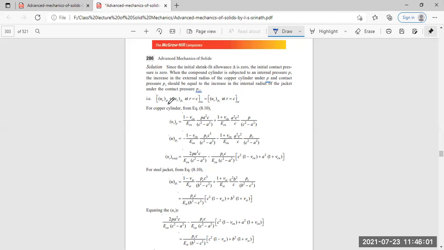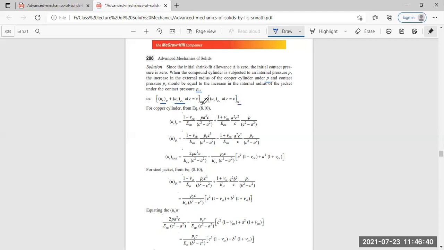Now, the radial displacement U1 due to the action of P, plus the radial displacement due to the action of PC, the contact displacement at r equal to C, which is the outer radius of the copper, will be equal to the radial displacement due to the action of contact pressure PC at r equal to C in the steel cylinder itself.